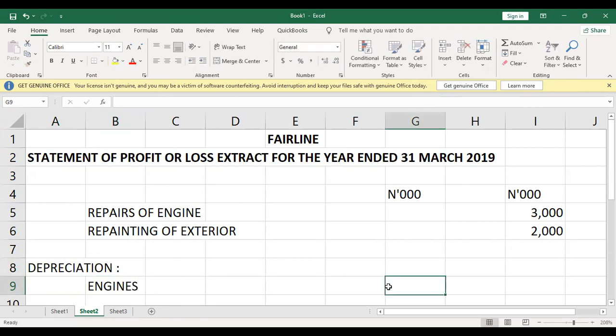Engines, we have 1,300. Then the next, we'll check for any other components. Remember, engines' useful life is different from exterior and the rest.